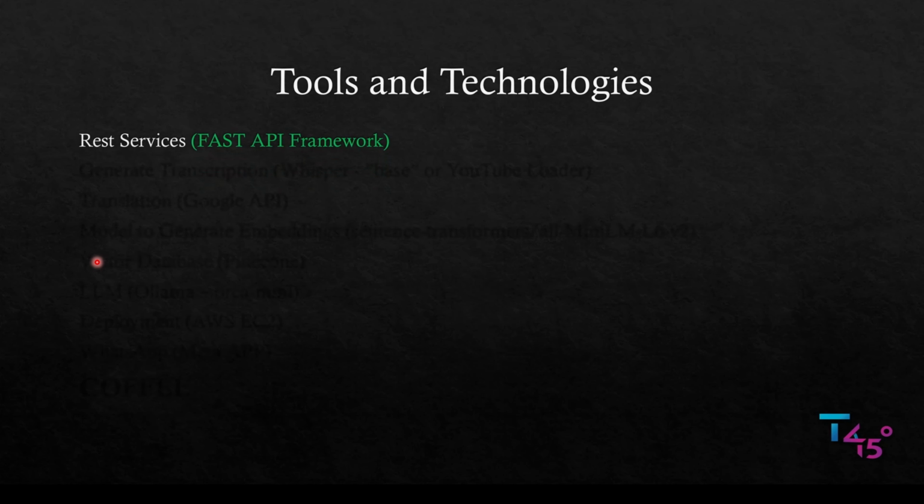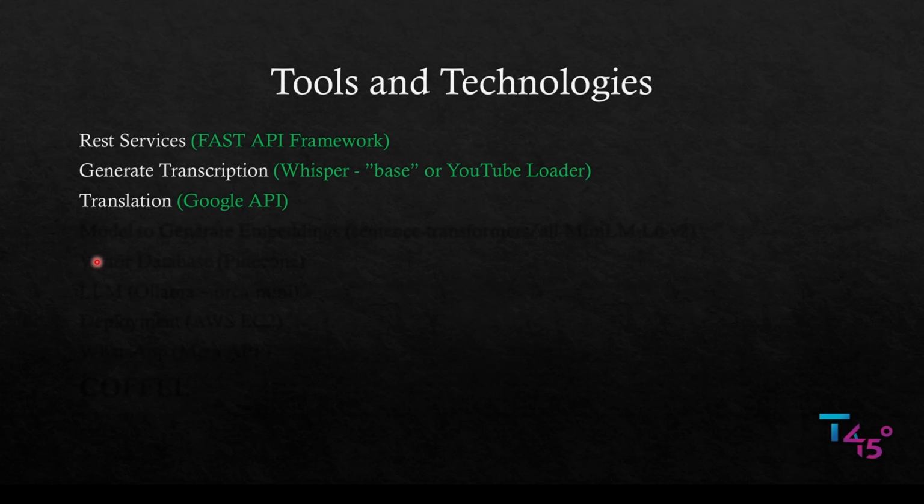So the tools and technologies we will require. For REST services, we will use the FastAPI framework. And for generating the transcription, we will use a Whisper base model, or we can use YouTube loader. And for translation, we will use the Google API.